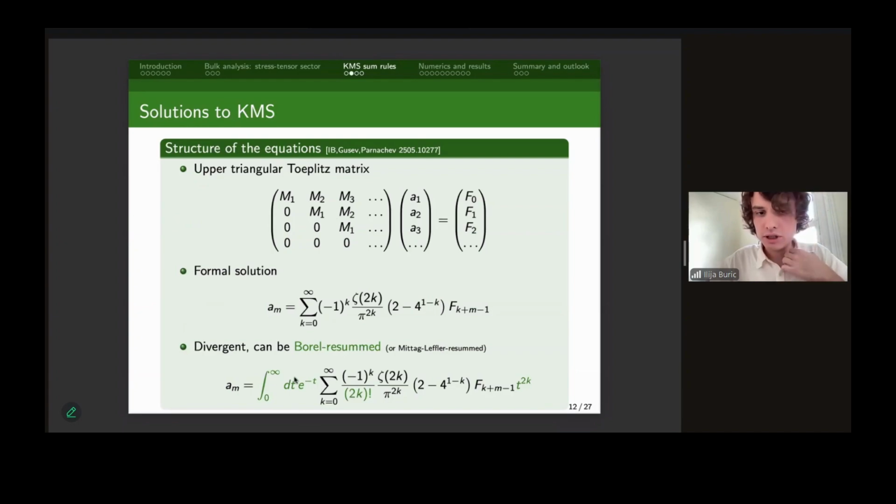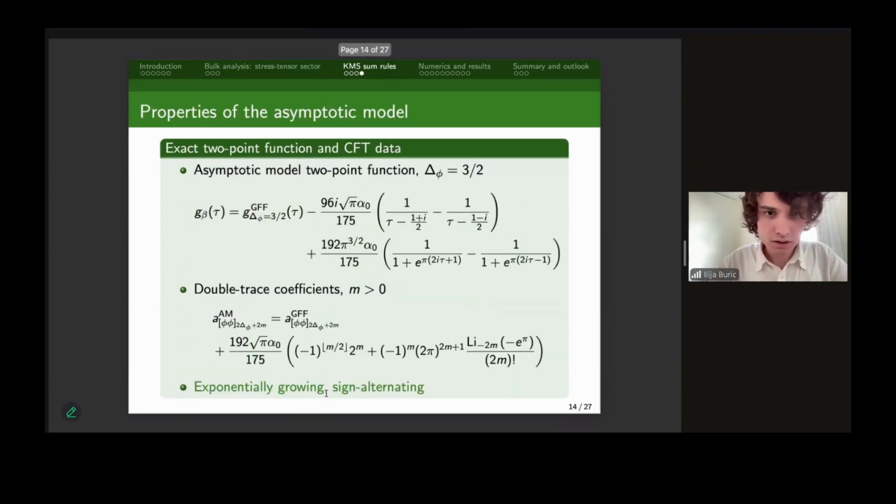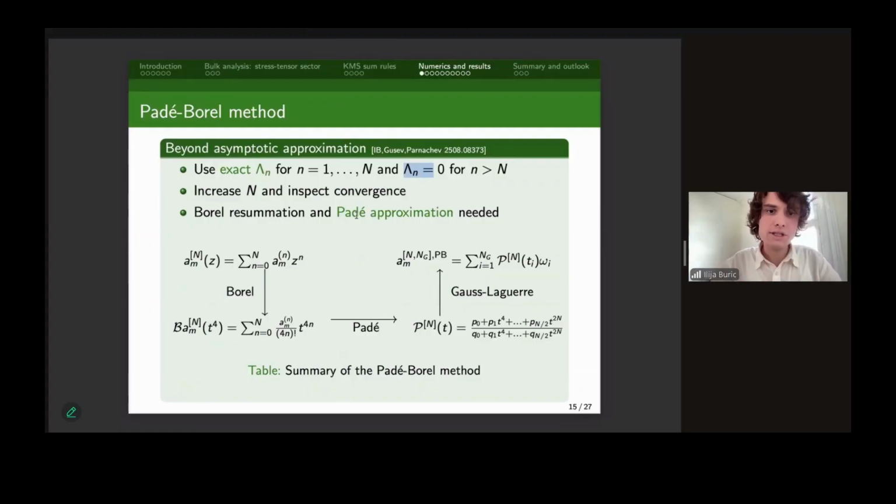And this Borel resummation you can perform for fixed N, and you will get some expression for a double trace coefficient, which will depend on N. But when you increase capital N, the result doesn't converge, and in fact it goes as 4N factorial.